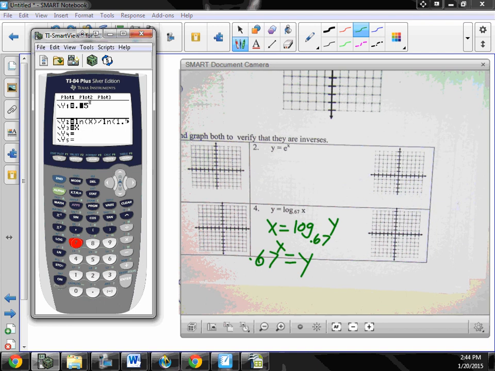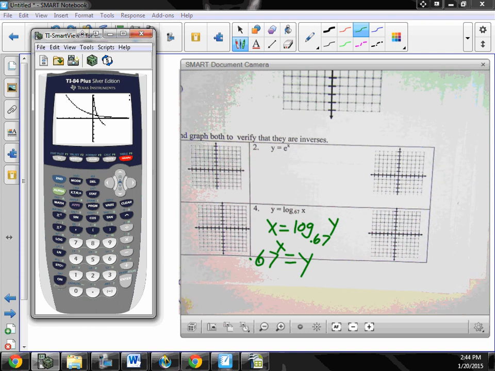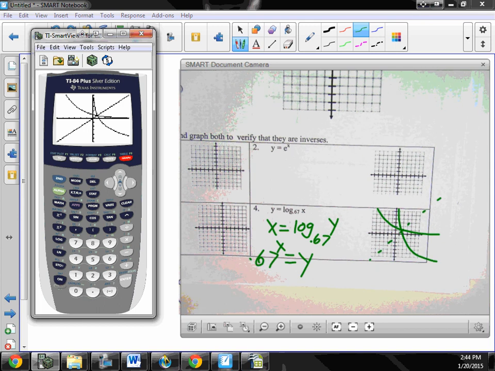So 0.67 there. And ln of x over ln of 0.67. And these are going to intersect, because they're kind of traveling in different directions. So my first graph looks like that. Second graph looks like that. Are those two inverses of each other? Yes, they are.